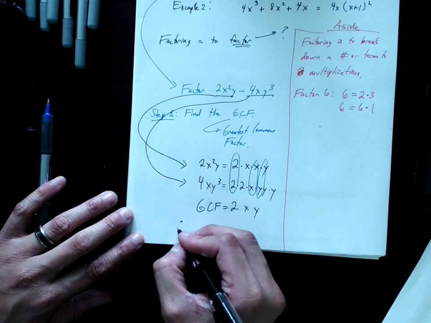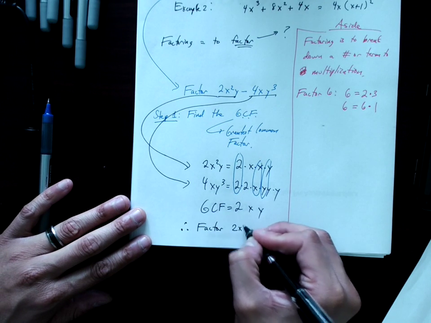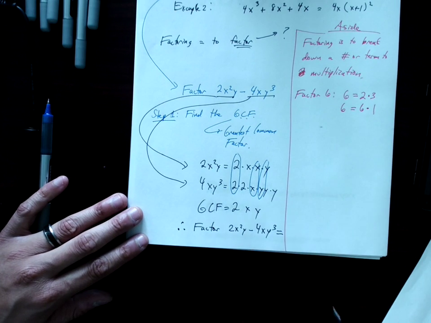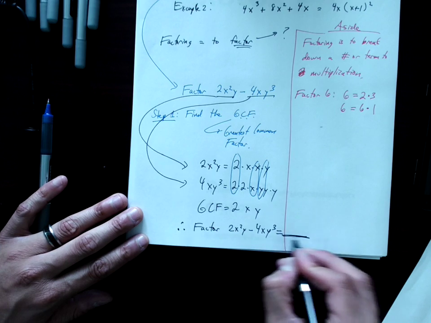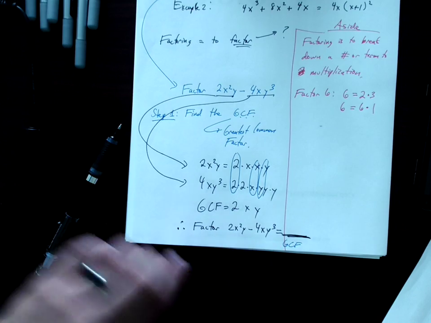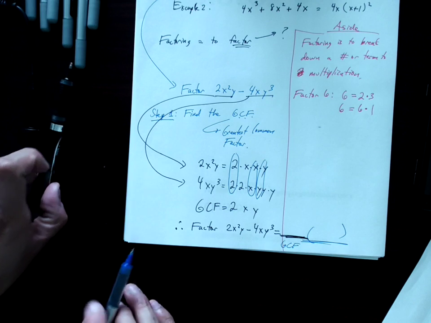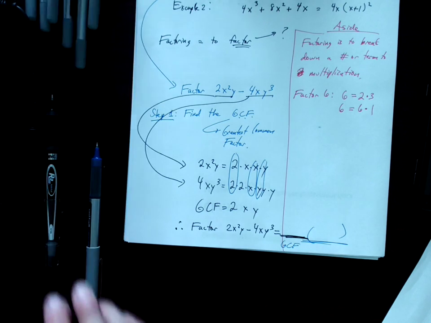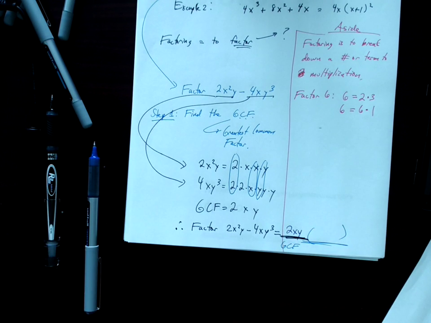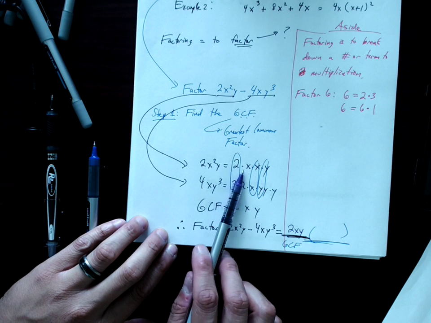Therefore, when we want to factor 2x squared y minus 4xy cubed, what do we get? The GCF goes on the outside. You always put the GCF on the outside, and then you write what's left over on the inside. The GCF was 2xy. What's left on the inside? Just look at your two terms. In the first one, what's left?